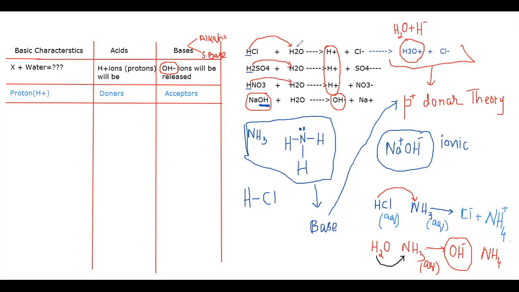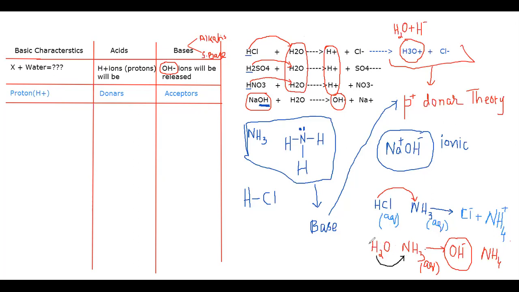So in all these cases, when the acids are reacting with the water molecule, they are acids because they are releasing the hydrogen ion or protons, and water is behaving like a base because it is accepting the proton. But in this case, water is releasing the hydrogen ion and it is behaving like an acid.